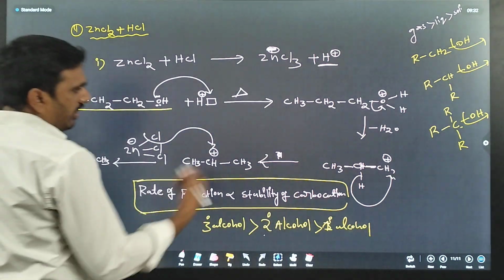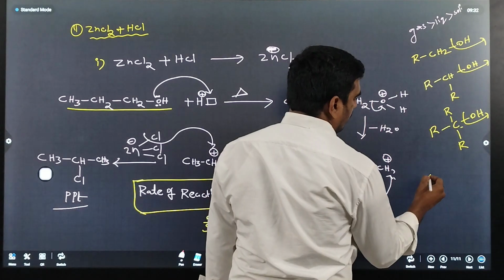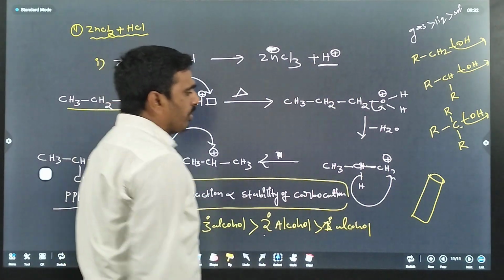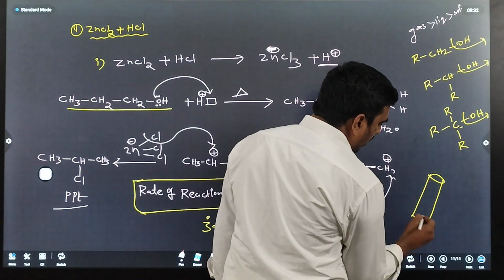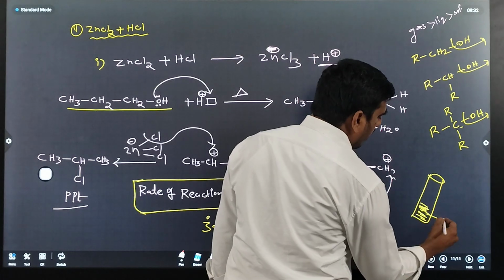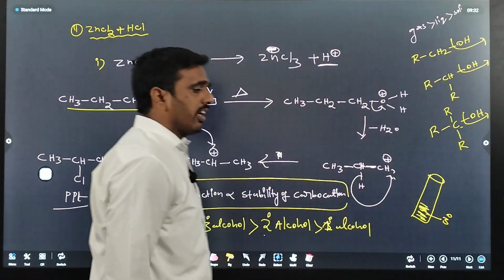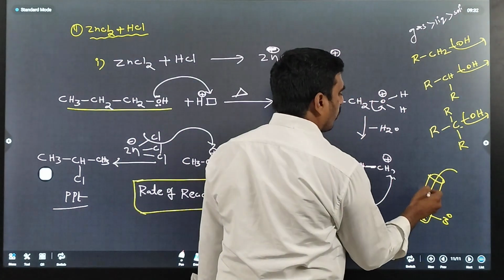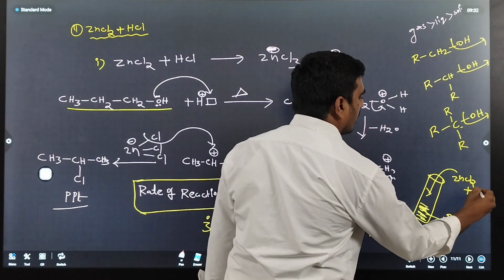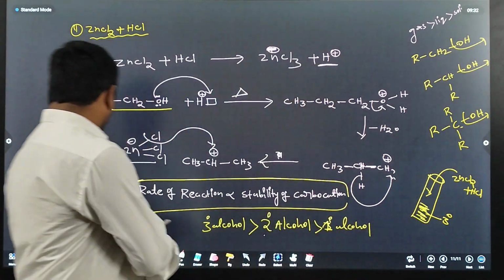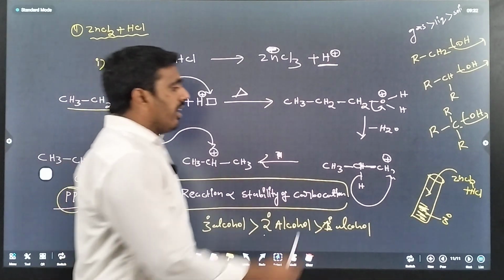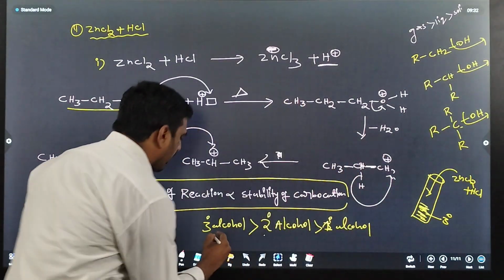So I can take one test tube. Inside the test tube, a tertiary alcohol is there. We add Lucas reagent, ZnCl2 plus HCl. So a white precipitate appears, generally in just 1 minute.